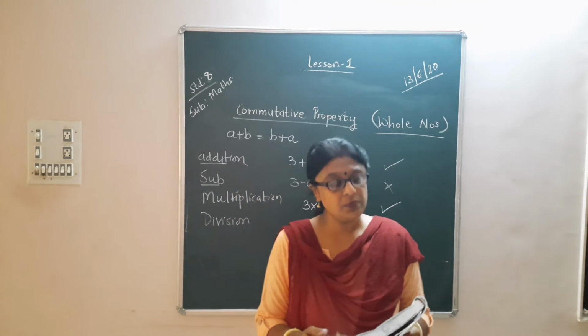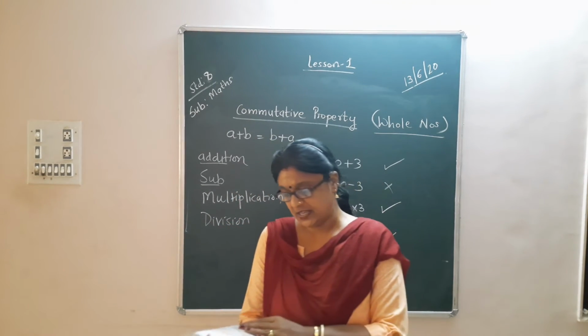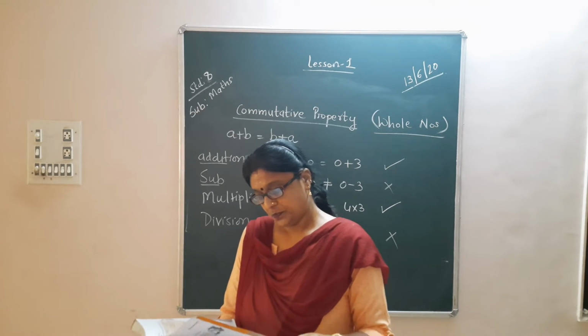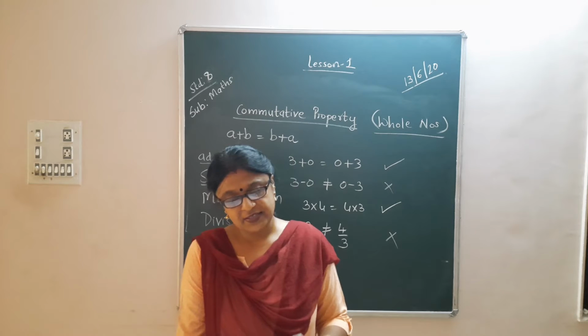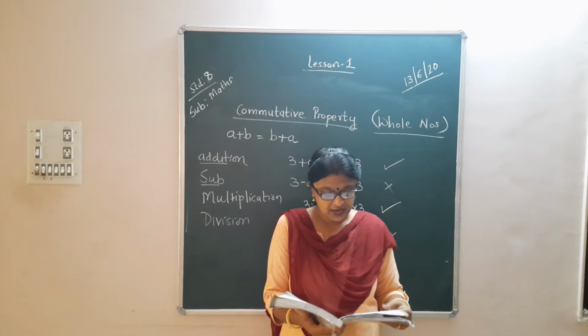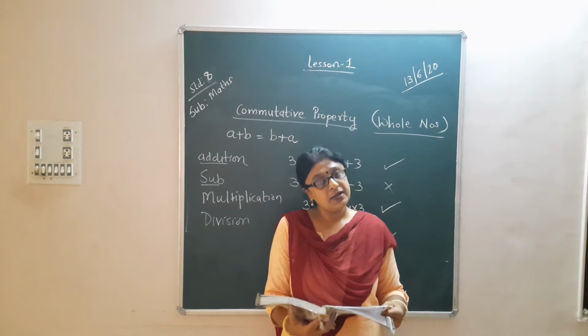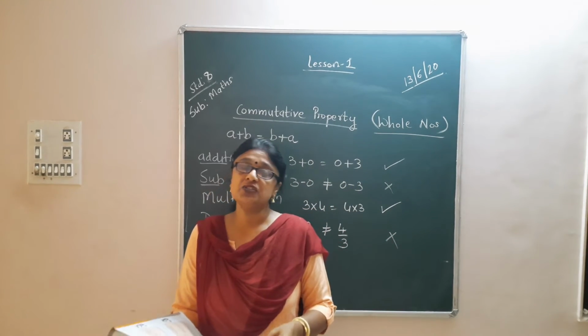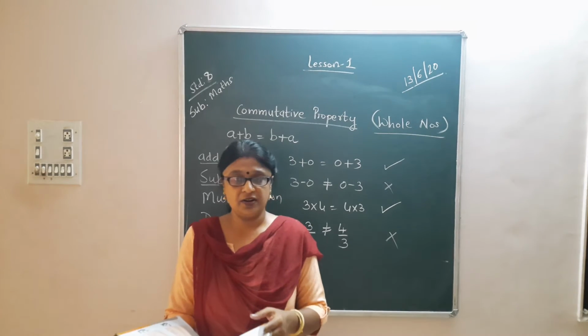Similarly, for rational numbers, it applies. You can see on page number 6, that for addition in rational numbers, it is true. It is not true for subtraction. It is true for multiplication and it is not true for division. Understood?